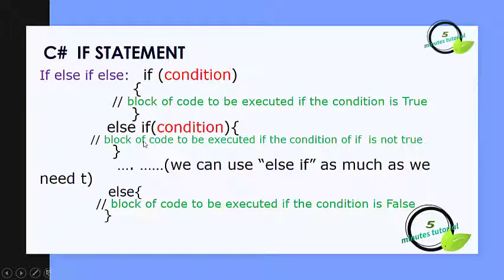And what if it is not true? Then it will execute the code under the else statement. So we can use else if more than once in our code when necessary, if there is more than one condition.